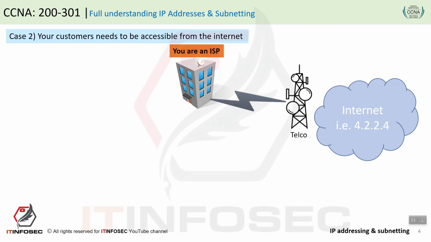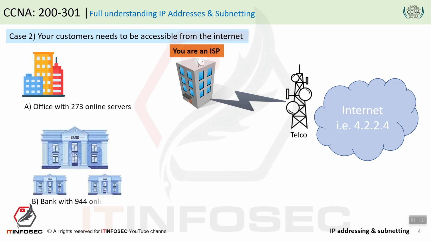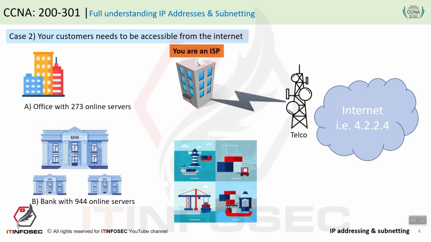We talked about how we are an ISP and we have 3 customers, and each of these 3 customers has some computers and servers that all need to be accessible from the internet. So all of the computers and servers need to have a valid IP address, or public IP address.